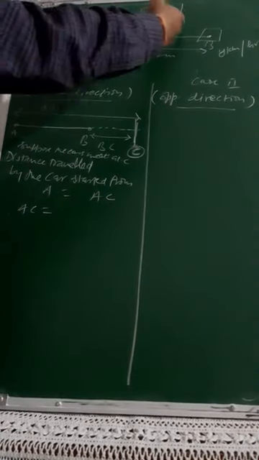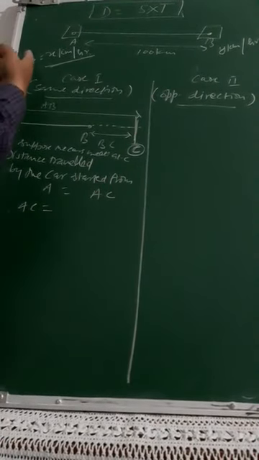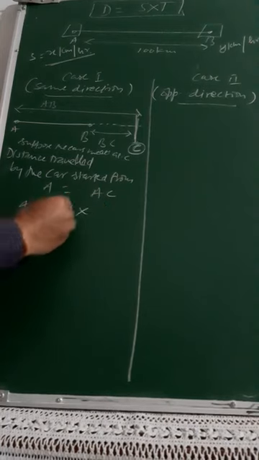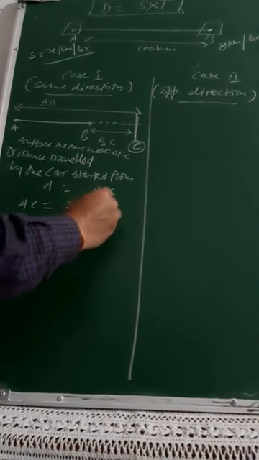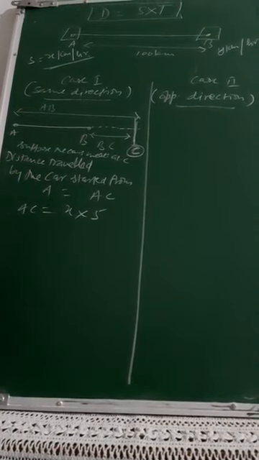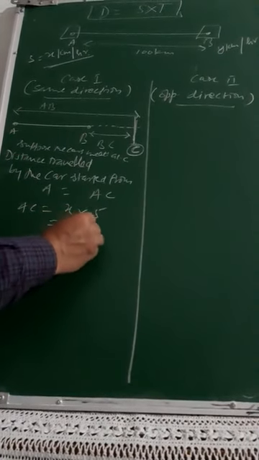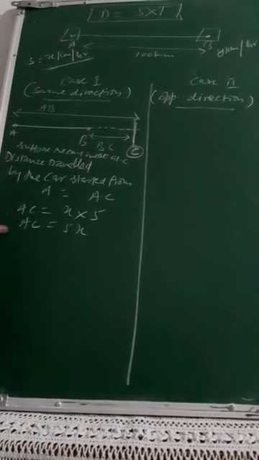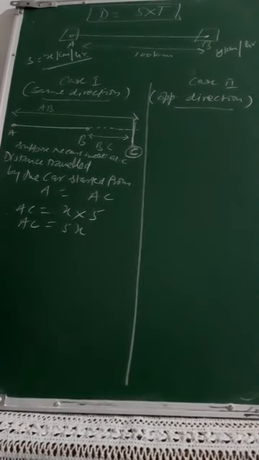So AC is equal to what? Distance, I said, is equal to speed into time. What is the speed? x. And what is the time? 5 hours, after 5 hours they meet. So AC is equal to 5x.